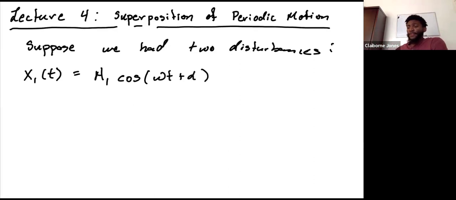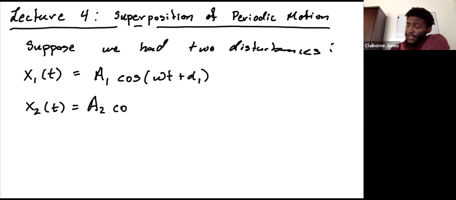Let me make it clearer. x1 of t is A1 cosine omega t plus alpha 1, and x2 of t is A2 cosine omega t plus alpha 2.